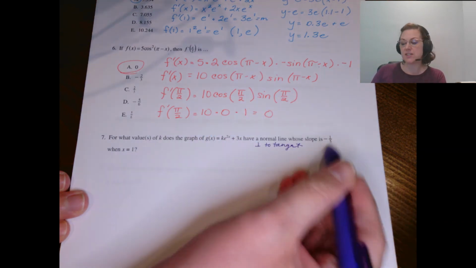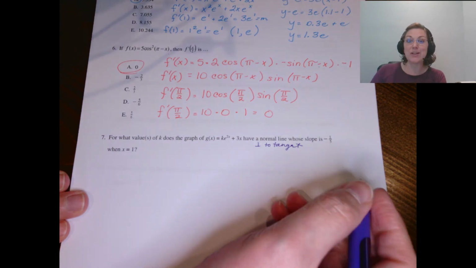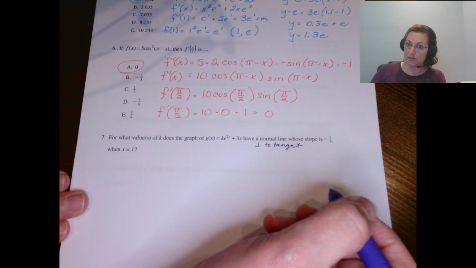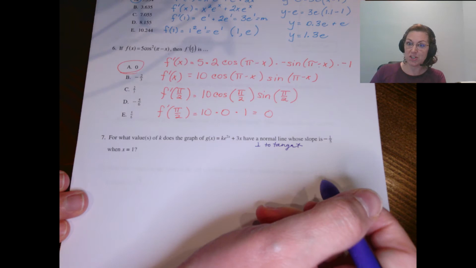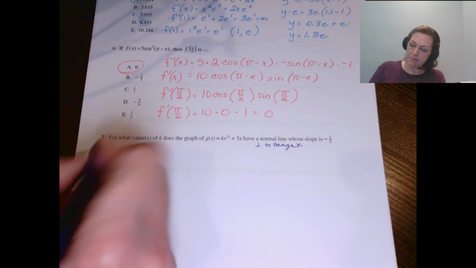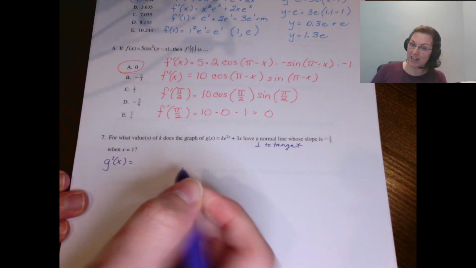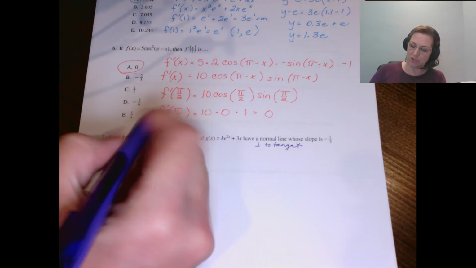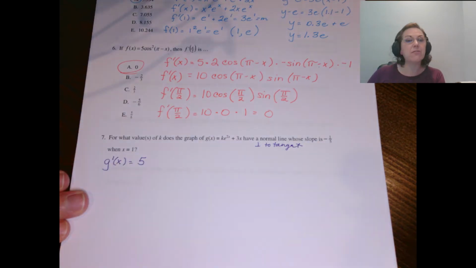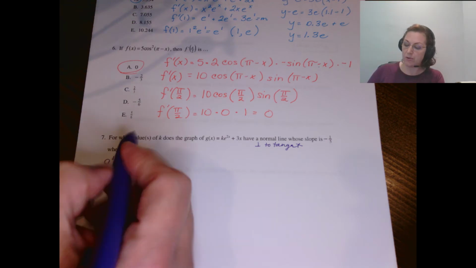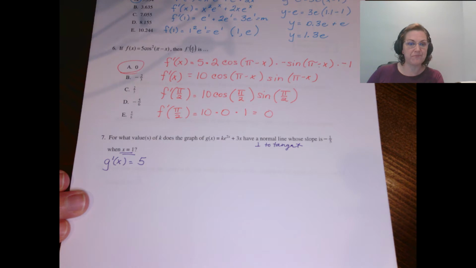Okay, so if this is the normal line slope, what is the slope of the tangent? I'm going to flip it and change its sign. That means that my derivative, because that's the slope of the tangent, is going to be flipped and changed. So I'm looking for where the derivative is equal to 5, knowing that x is 1.